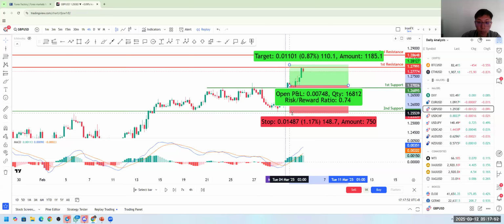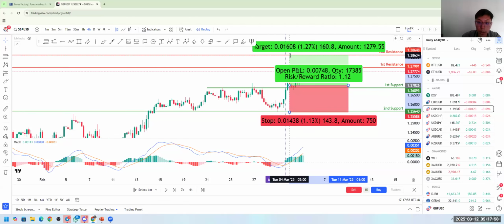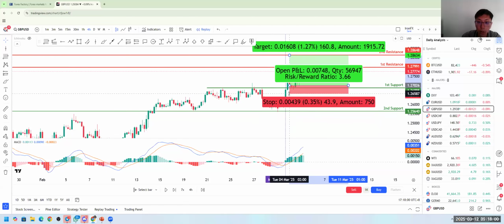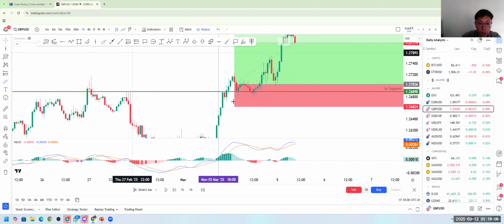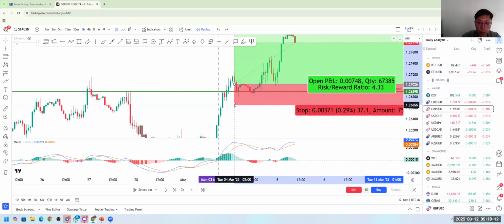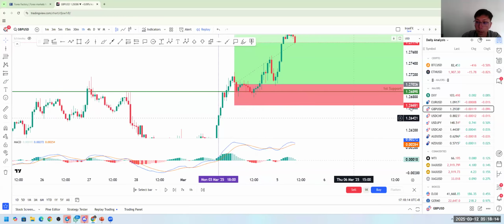Stop loss, to play it safe, you can put it right here at the previous low, right? And your target is the resistance level, or if you go to H1, right? You can put it right here at this previous low, okay? You can put it over here, right? Roughly about 37 pips, okay?